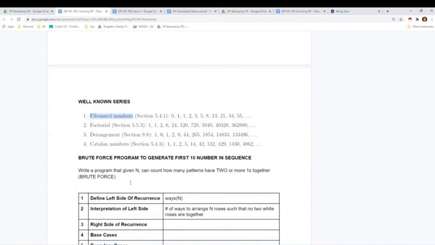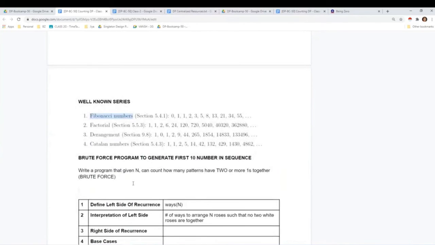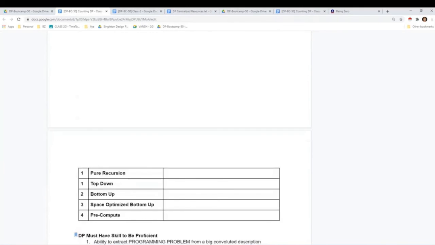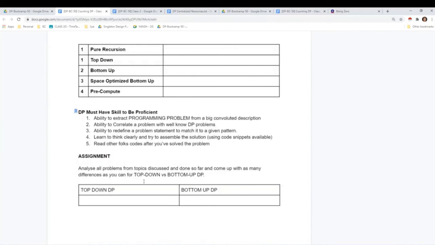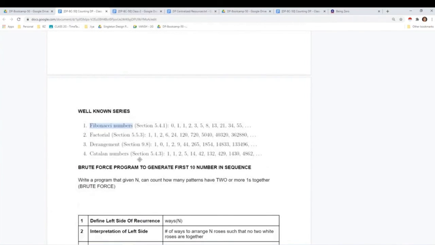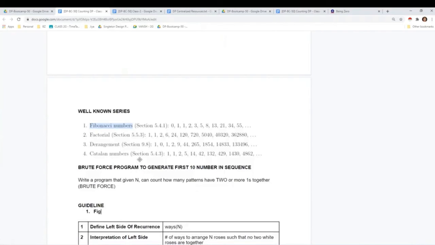Okay, cool. So the guideline that I'm going to say to you is: figure out how many different starting points there are.